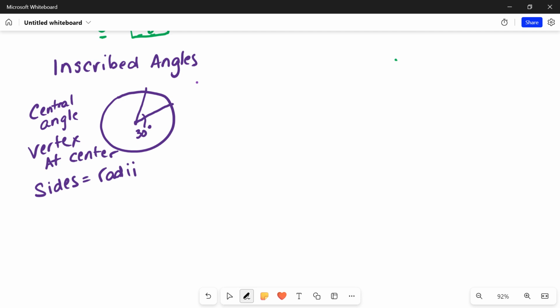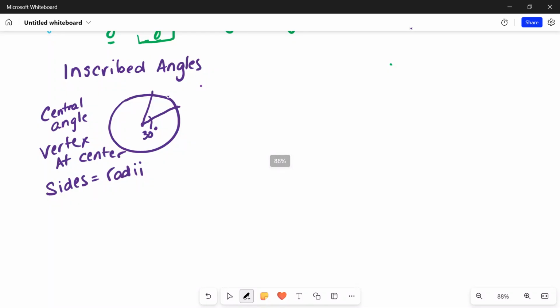Then I've got this arc right here that winds up being intercepted. In this case, the measure of that arc is going to be equal to the measure of the angle. So when I have an angle whose vertex is at the center of the circle, then the measure of the arc that is created when the sides of the angle intersect the circle is going to be equal to the measure of that angle.